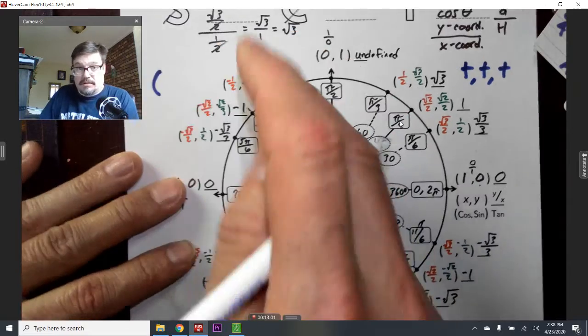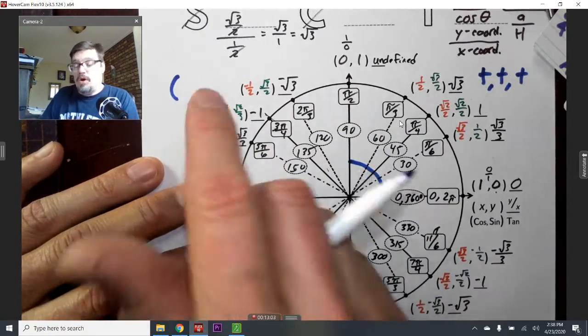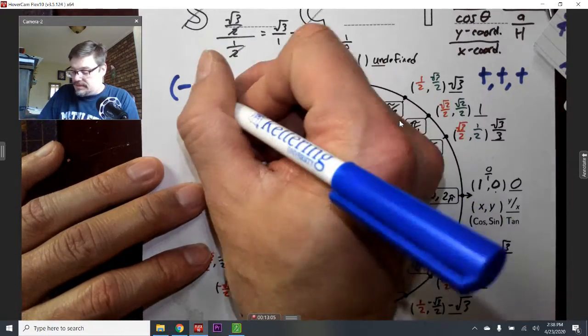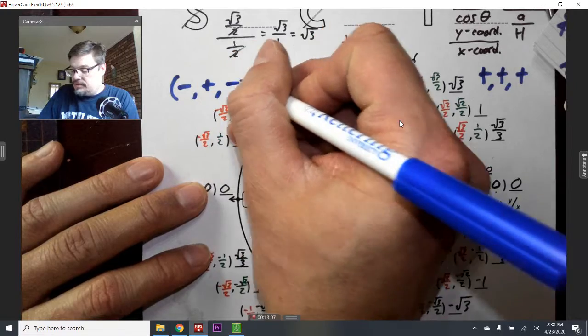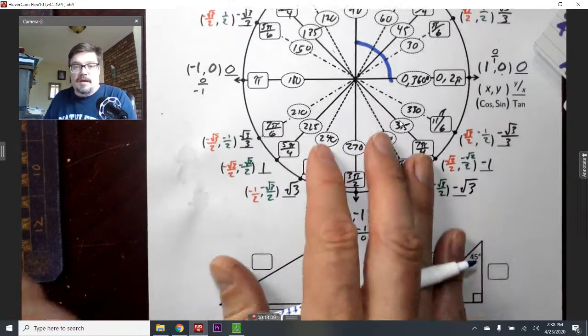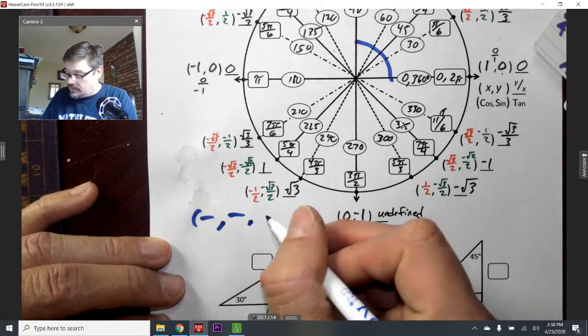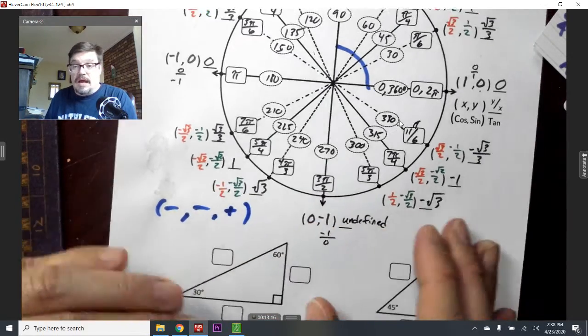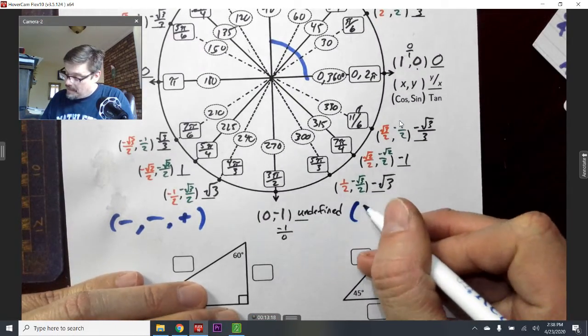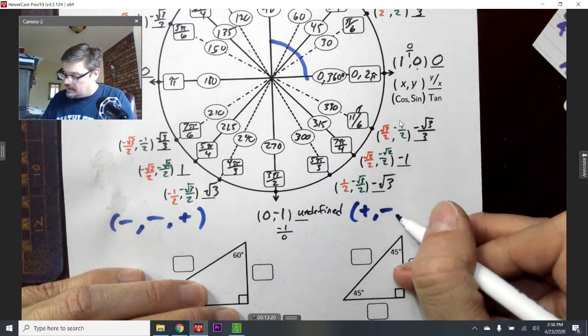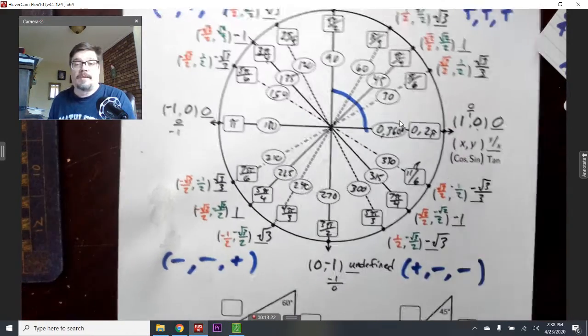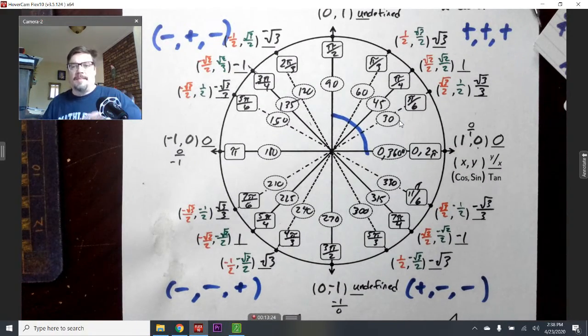Over here, your cosine is negative, your sine is positive, and so your tangent is negative. Here you have a negative cosine, a negative sine, so your tangent is positive. And then over here you have a positive cosine and negative sine, so therefore you have a negative tangent.